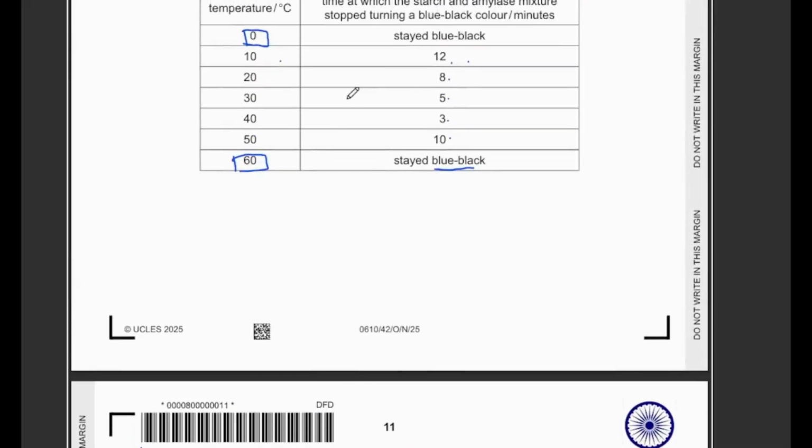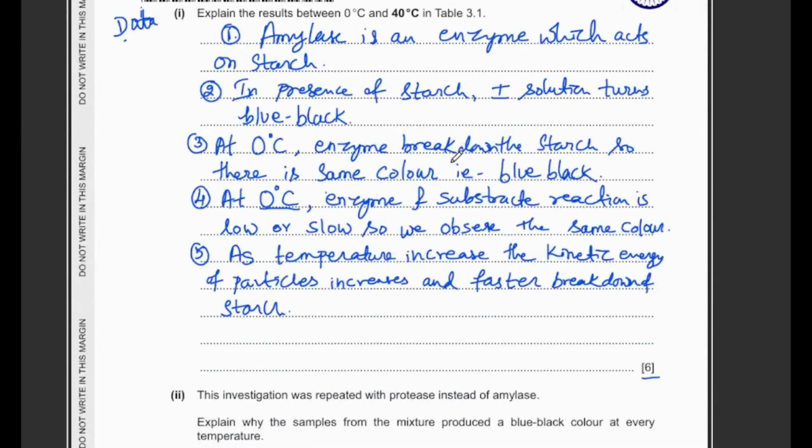Okay, so as temperature is increasing, as you can see how less time it is taking for staying blue-black here. So as temperature increases, the faster the breakdown of starch will happen here.